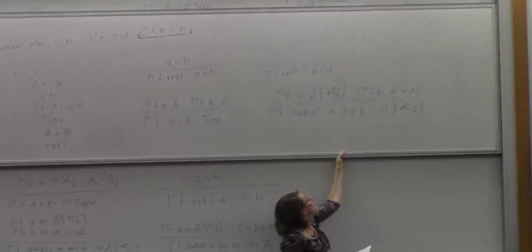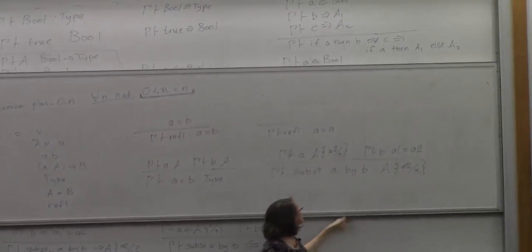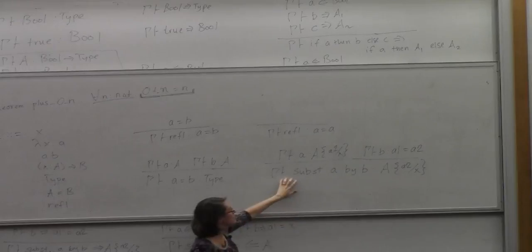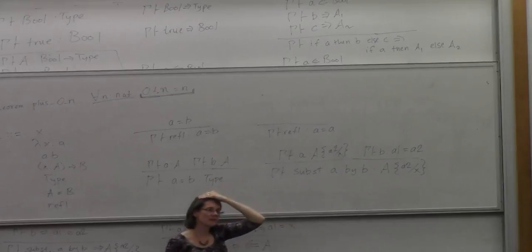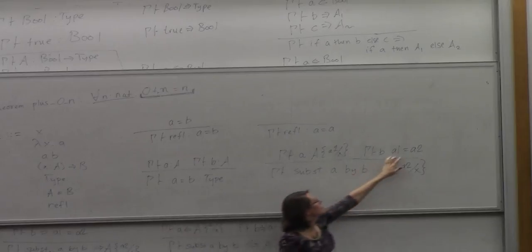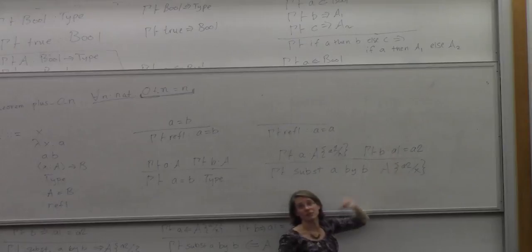I didn't really tell you what the beta rule for subst is, but in our normalization, we want to be able to get rid of these subst terms sometimes. And when are we able to get rid of them? It's when it's already obvious from this proof that these things are equal to each other.